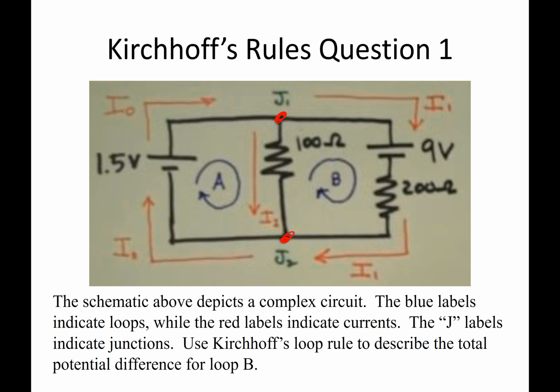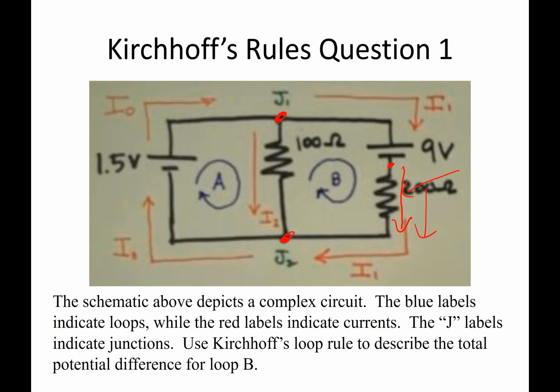Now you can start anywhere in the circuit you want to. I'm going to start right here. And I'm going to move in this direction around my circuit. You can go either way you want to. But as I go through a circuit, notice that the current through this resistor is going in this direction. Remember that when you move through a resistor in the direction of current, the voltage drops, the potential drops.